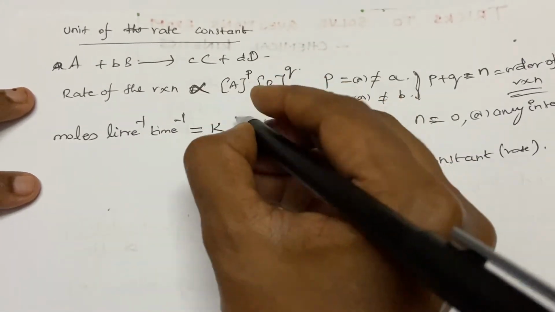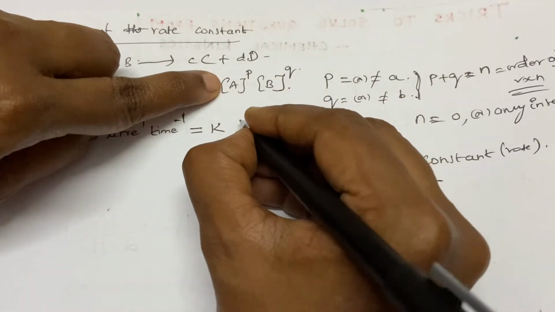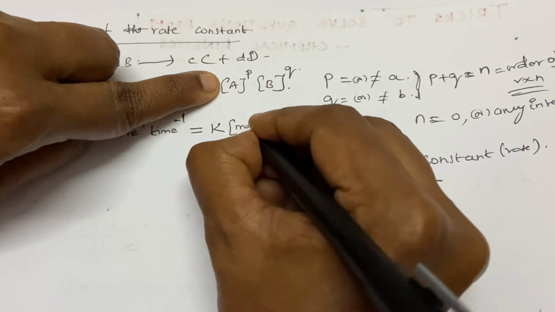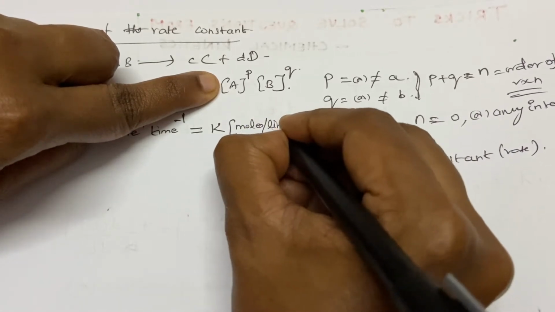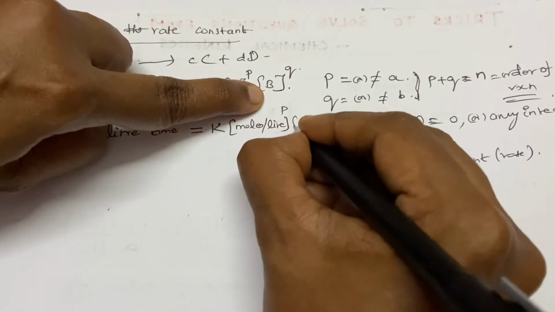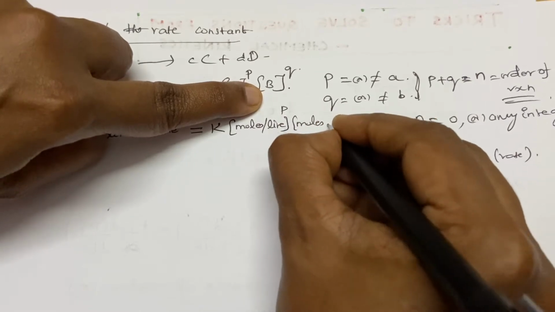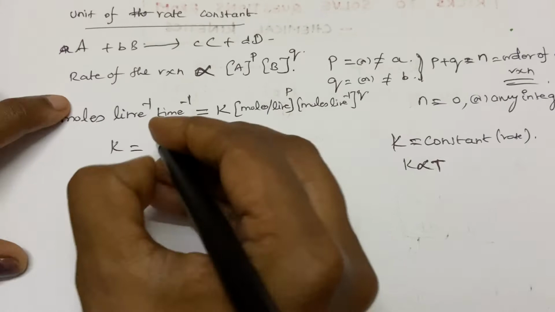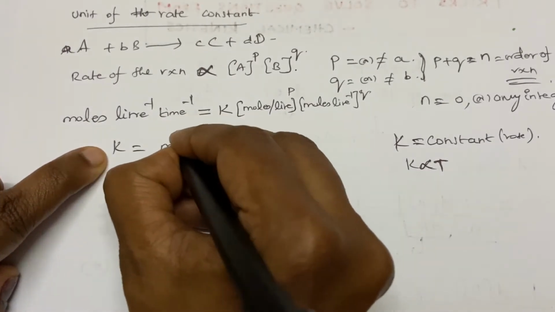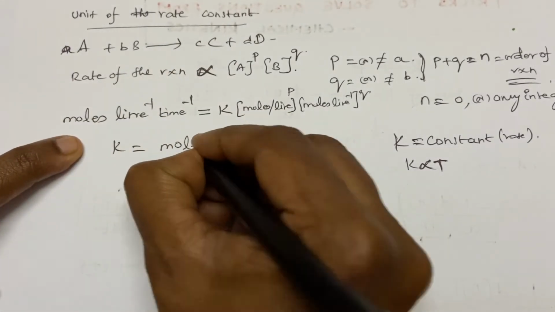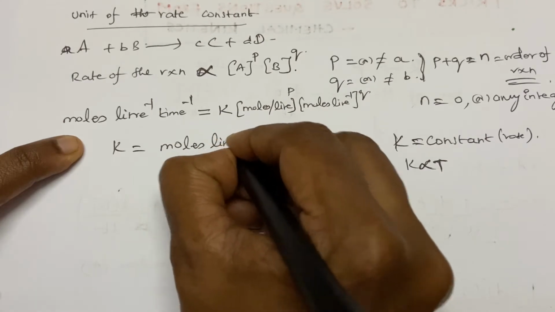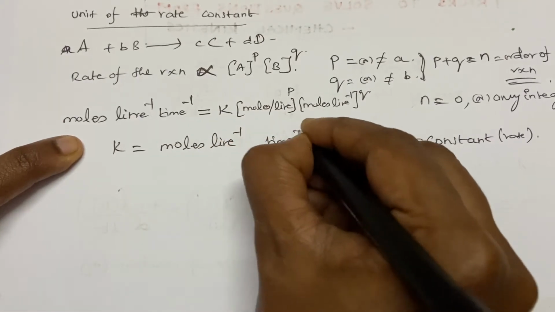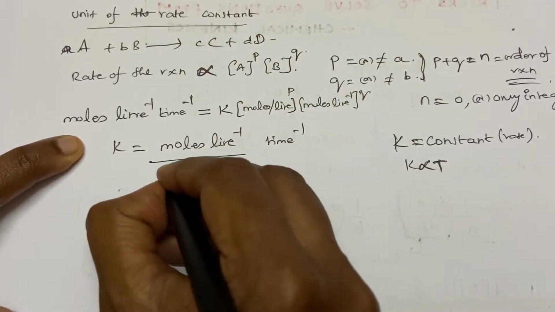Okay, so here what is the unit of A? The concentration of A will be in moles per liter, right? Moles per liter, and this will also be in moles per liter. So the unit of rate constant will be, I am going to bring these things down. So liter inverse, this is time inverse. See, the same thing, no?